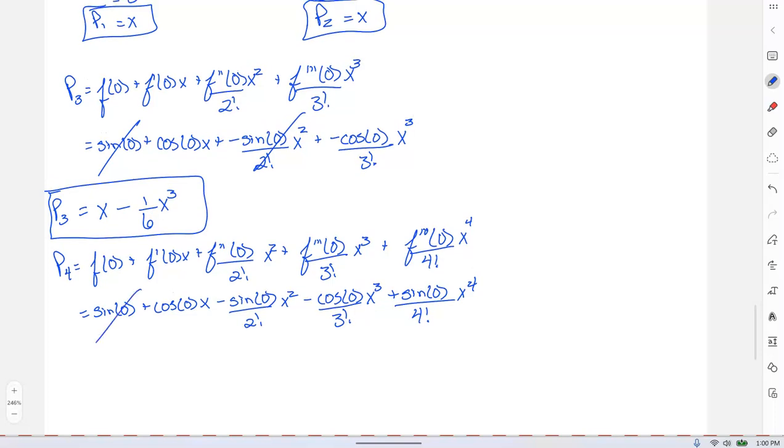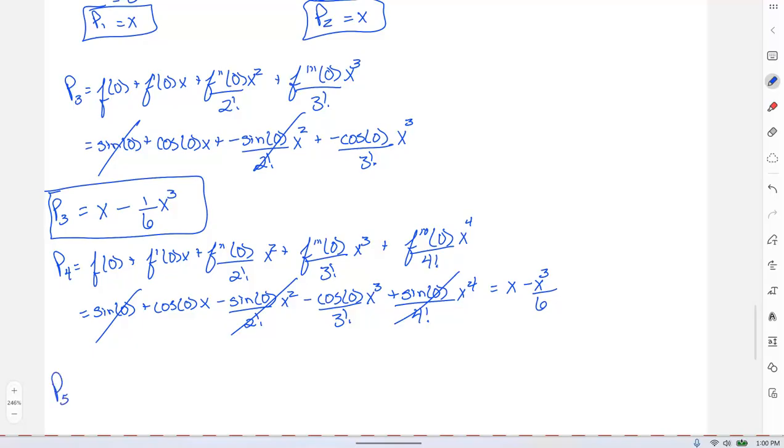Sine of 0, those cancel, and we're left with cosine of 0, which is 1 times x minus x cubed over 3 factorial, which is 6 again.